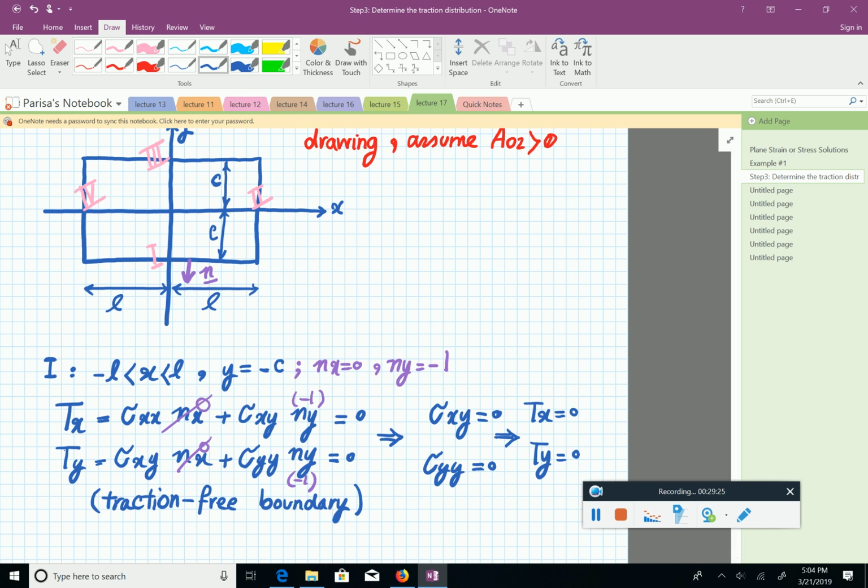With that stress field, you write this. So this is a mistake I have made here, so I apologize. So please correct that, because this is the mistake that I have made, which makes things confusing. So Tx and Ty, this is the equation, right? Now you know that sigma xy and sigma yy are 0. Because of that, Tx and Ty are equal to 0. I went too fast. I thought this is obvious, and that was confusing. We don't know.